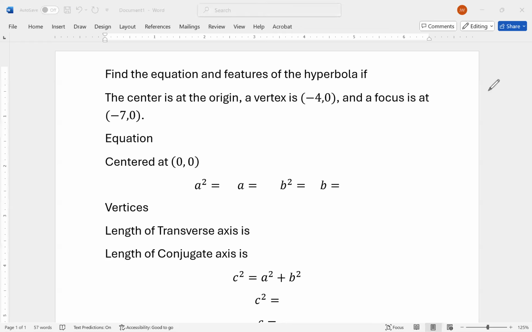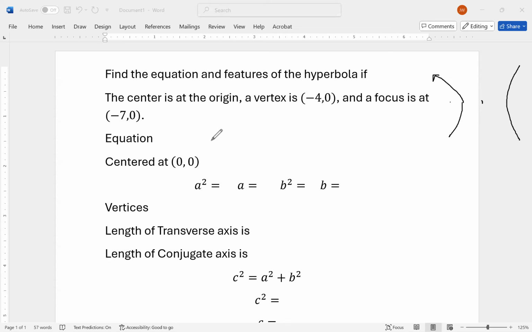All right, if the center is at the origin and the vertex is at negative 4, 0, and the focus is at negative 7, 0, then my hyperbola is pointing left and right.